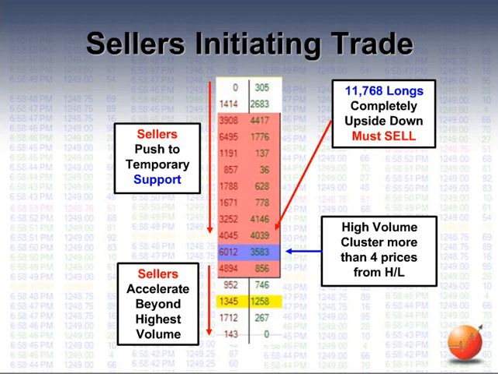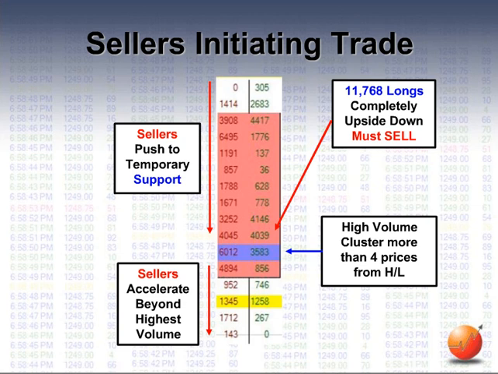You can imagine if we had gotten along here and thinking that this was going to be a reversal, and I'm part of the 3,500 or 4,000 or 4,100 that are on the ask side, then certainly I'm going to have to get out of the market when it pushes my limits. And if I'm a normal average retail trader, that's probably going to be about 1.5 or 2 points.